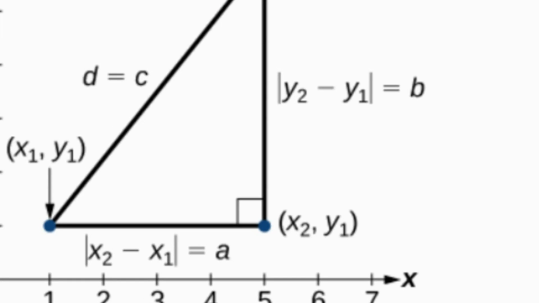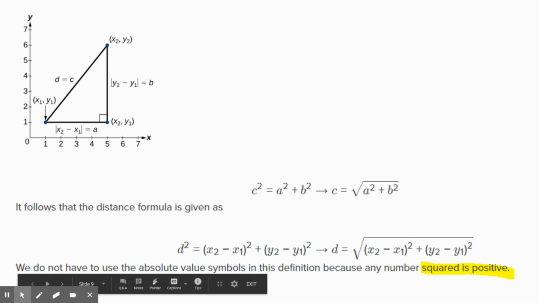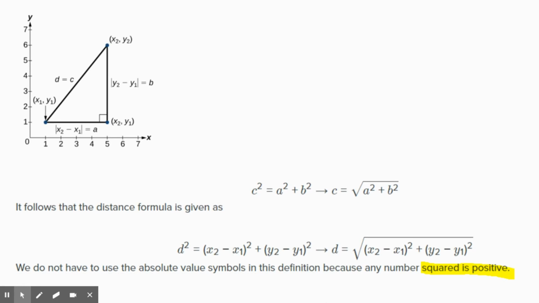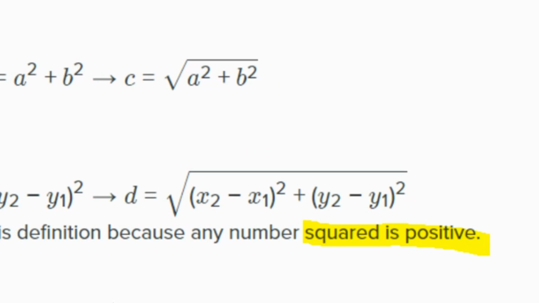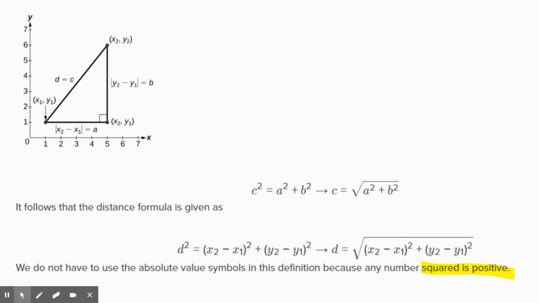Notice I have absolute value symbols because it is distance, but when we're using Pythagorean theorem, we do not need to worry about the absolute value because we're going to be squaring those numbers anyway. So however you look at it, a is going to be x2 minus x1. b is going to be y2 minus y1. We're going to square those and then take the square root for the distance.